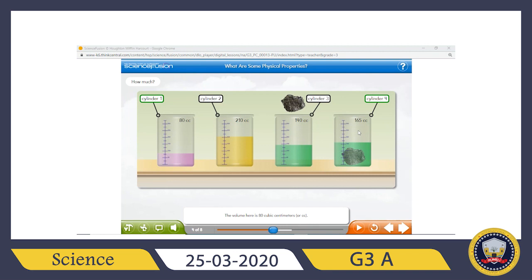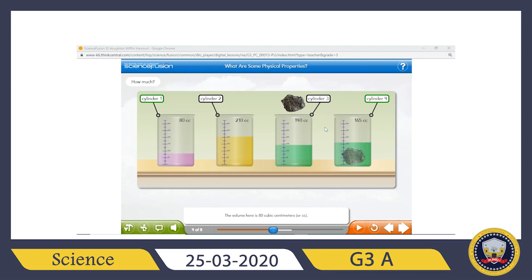So the volume of a small solid object is given in cubic centimeters. 1 milliliter is equal to 1 cubic centimeter. Remember it. 1 milliliter is equal to 1 cubic centimeter. So this means that the volume of the stone is 25 cubic centimeters.